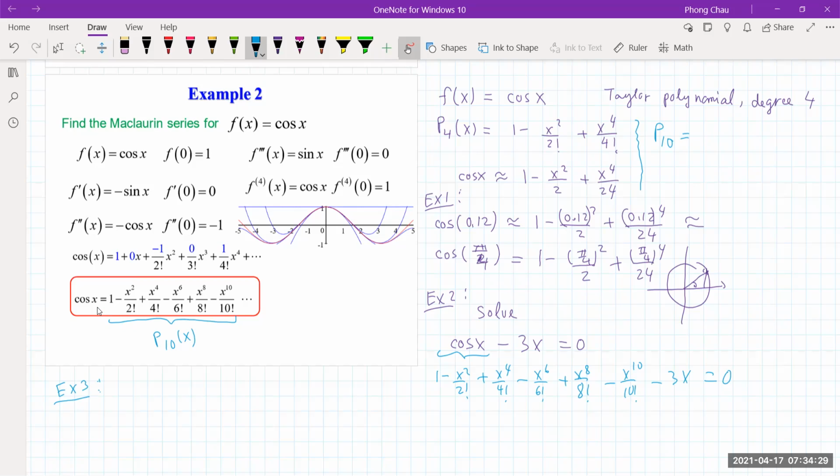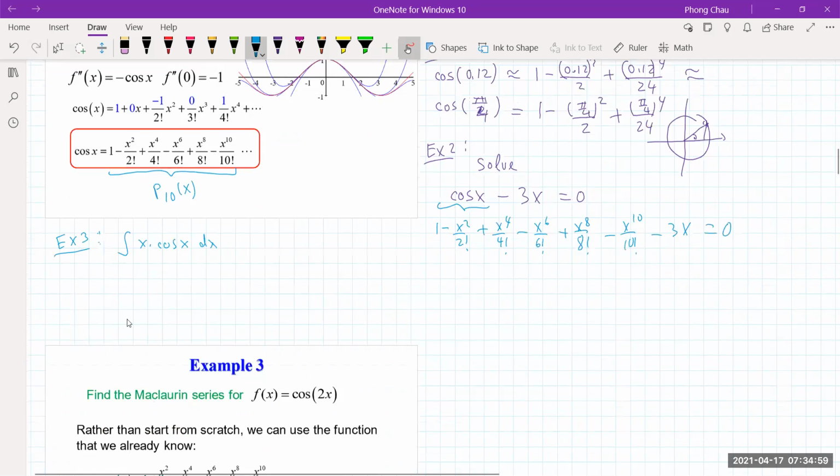But what I'm trying to say is, if you are asked to do integrations, something might be a bit more complicated, say x times cosine x dx. Actually, this one we have a way to do it.